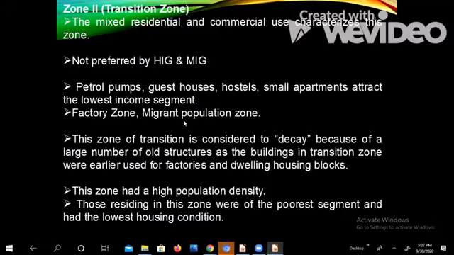And this is a migrant population zone. Why migrant population? Because in almost every metropolitan area, there will be a section of the population who have migrated from out of the state or out of that city. These people do not have their family with them.